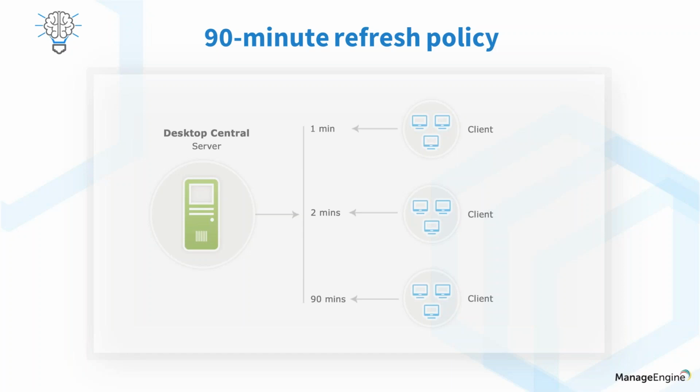The server has the intelligence to assign a time for each client to talk to the server. This is to avoid network congestion or bandwidth related issues. So the 90 minutes refresh policy is designed in such a way that the load to the server will be split evenly.